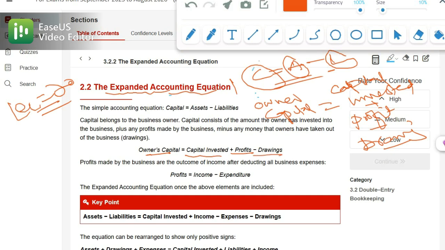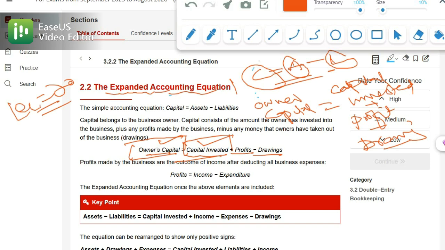Let me explain what each part means. The capital invested is the money or resources the owner puts into the business.